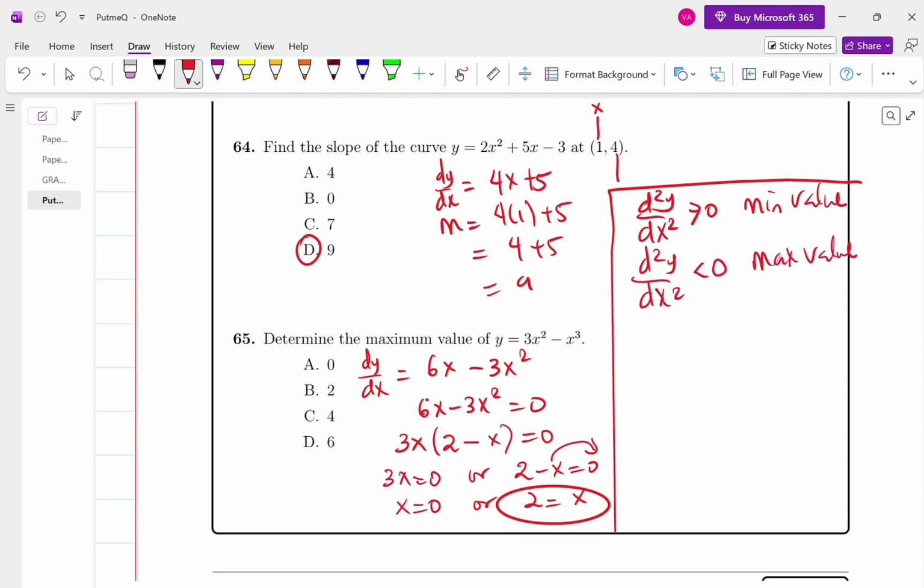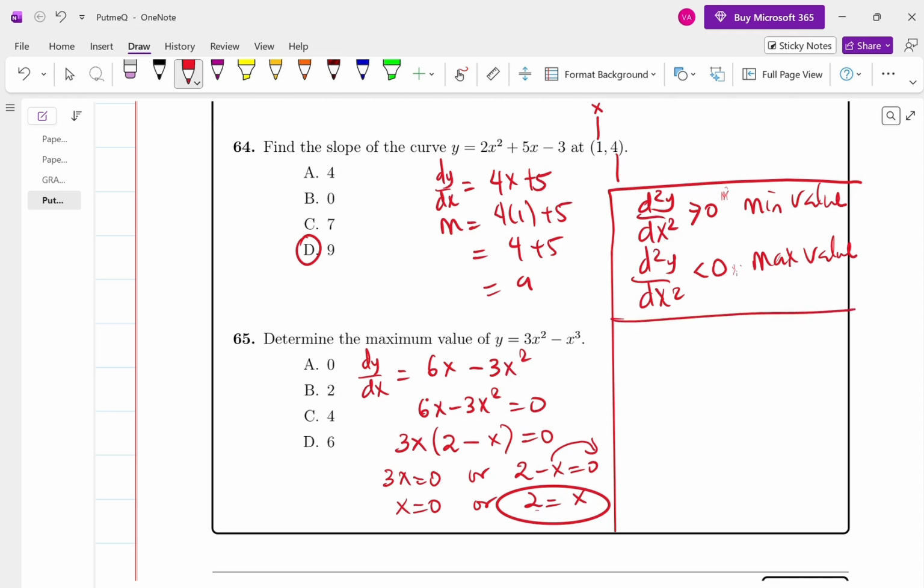To use this, you need to differentiate twice, then put in your x values 0 and 2. Whichever gives you a negative number will tell you the one to use. But I'll just go ahead, because I know x equal to 2 will give me the maximum value.